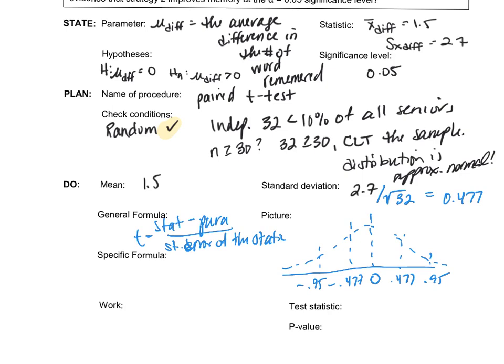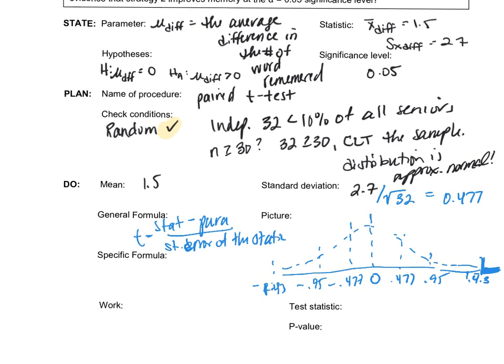And 3 times that would put me out here at negative 1.43 and positive 1.43. Okay, and my difference is 1.5, which means we are way over here, and we are looking at what is this little tiny bit of probability over here going to be.